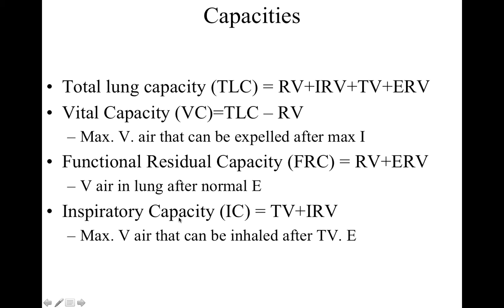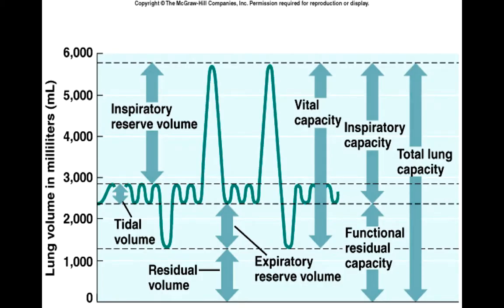Functional residual capacity is your residual volume plus your expiratory reserve volume. Inspiratory capacity is your tidal volume plus your inspiratory reserve volume, the maximum air you can inhale after a normal tidal volume exhalation.